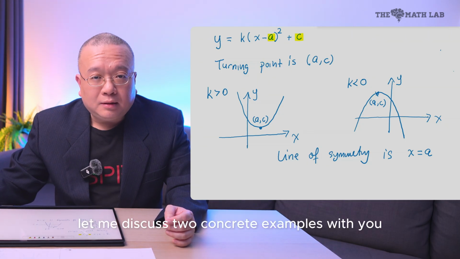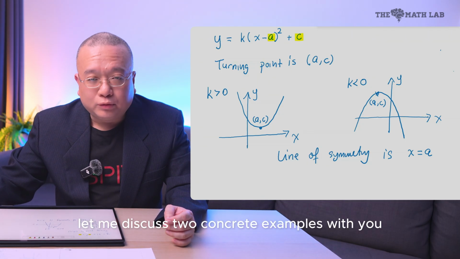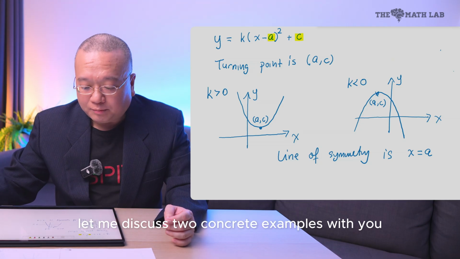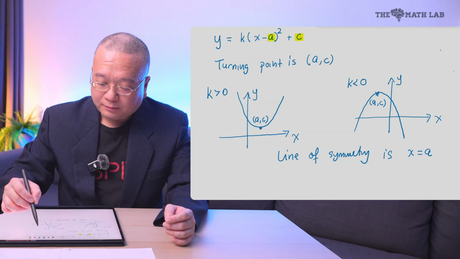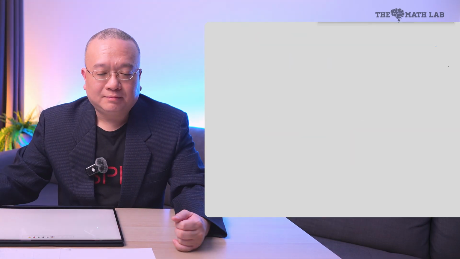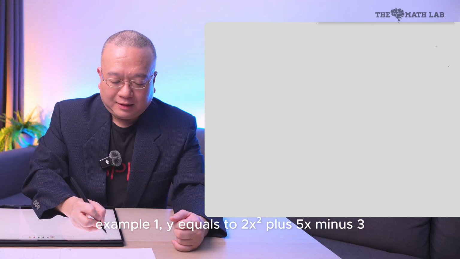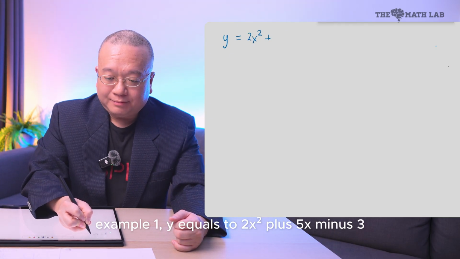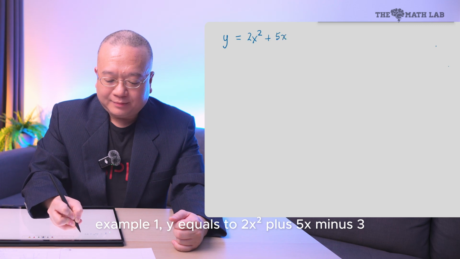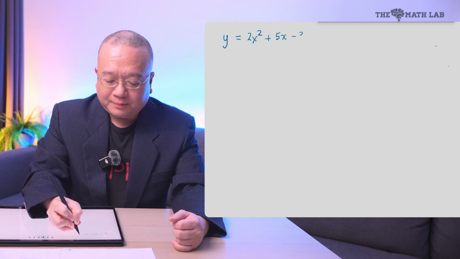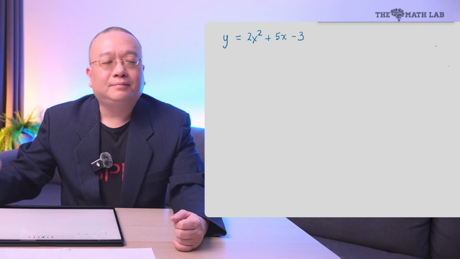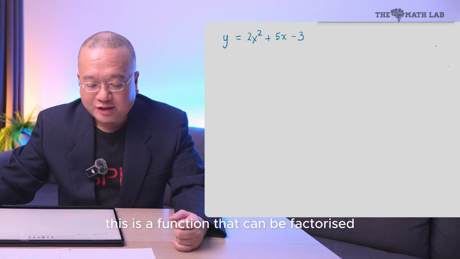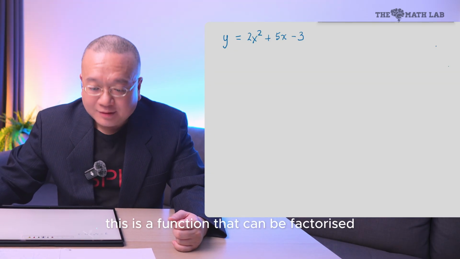Let me discuss two concrete examples with you. Example 1, y equals 2x squared plus 5x minus 3. This is a function that can be factorized.